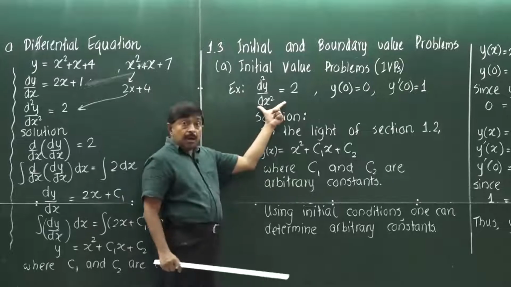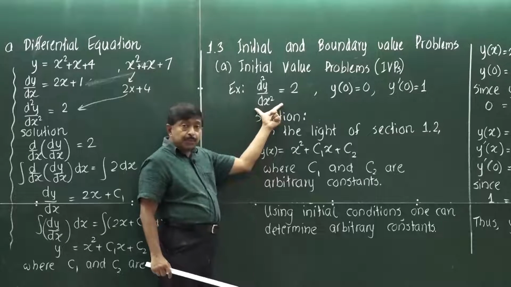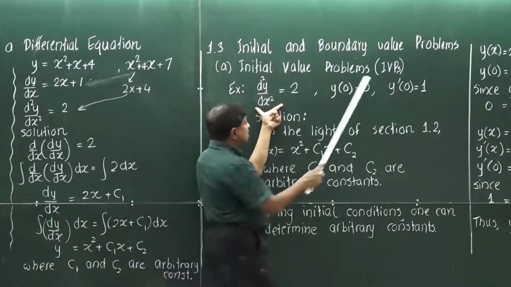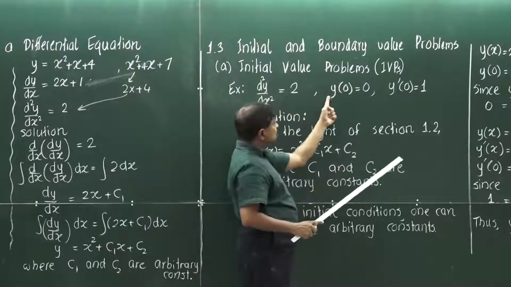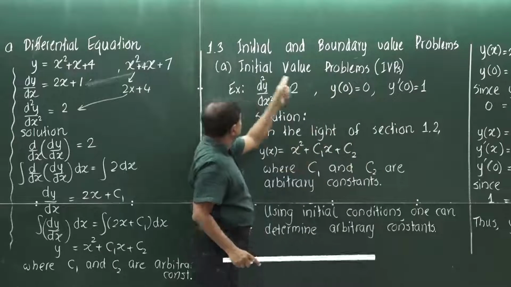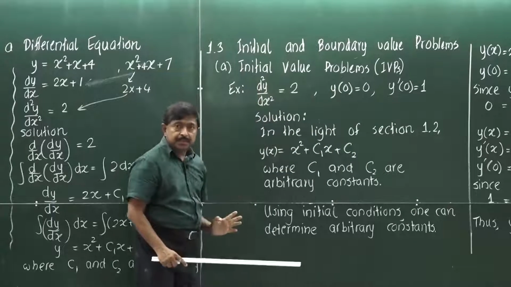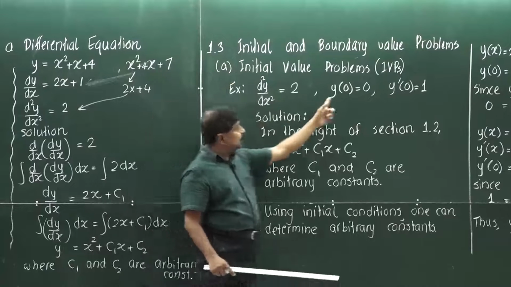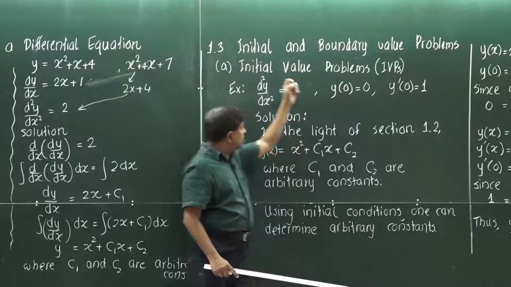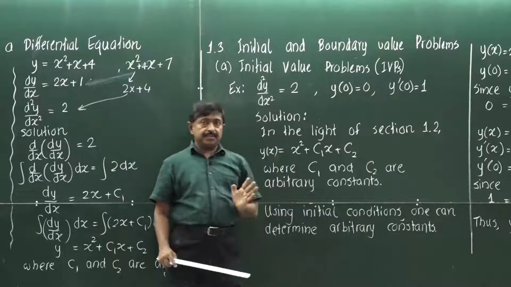Here, other than this differential equation itself, you get some conditions. The number of conditions should be equal to the order of the differential equation. If you have a first order equation, then you need only 1 condition. If you have third order, you need 3 conditions.